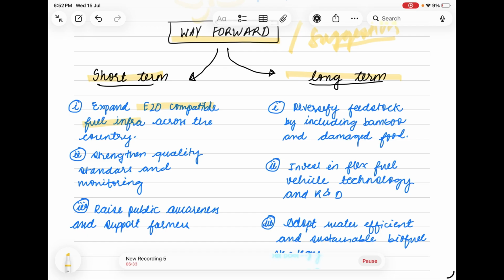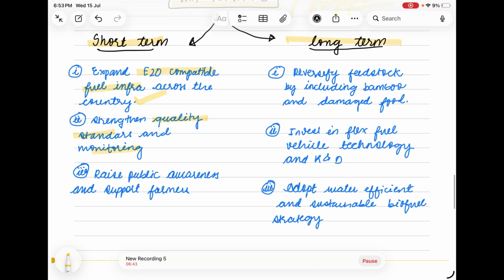The next one is regional imbalance: UP, Maharashtra and Karnataka are the hubs.